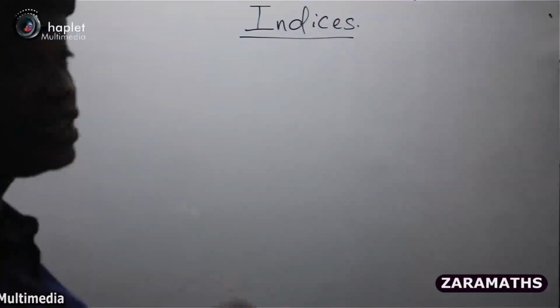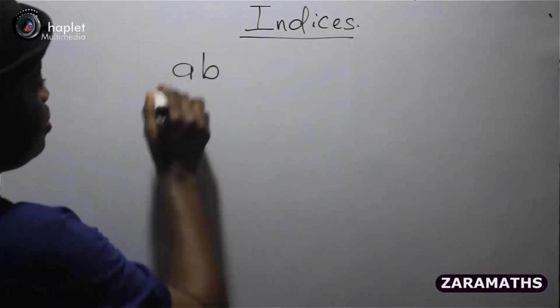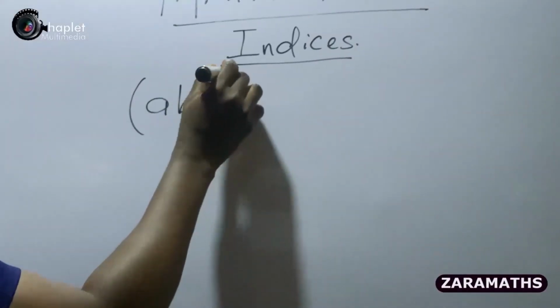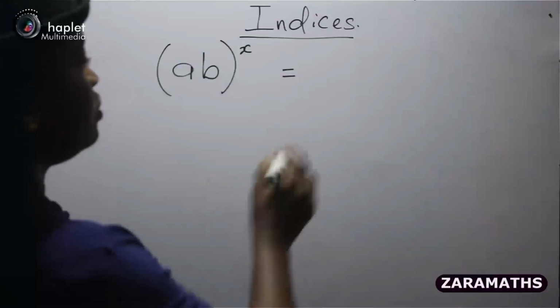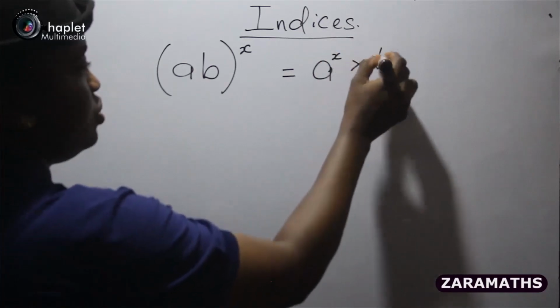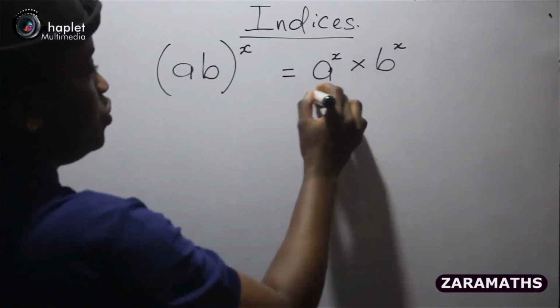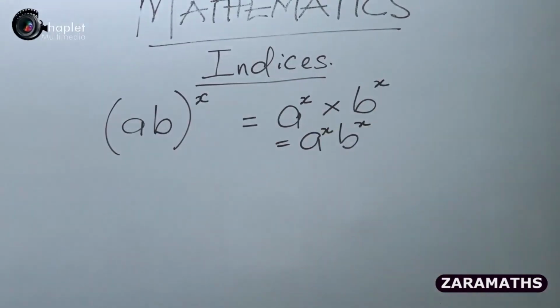Please note the following. A, B, all raised to the power of x is the same as saying a raised to the power of x times b raised to the power of x, which is a raised to the power of x, b raised to the power of x.